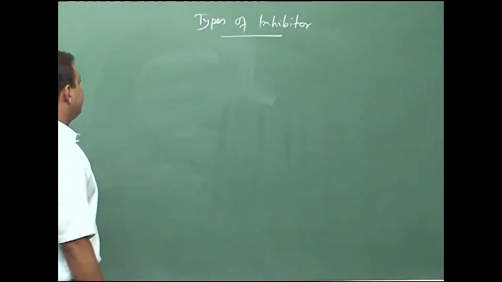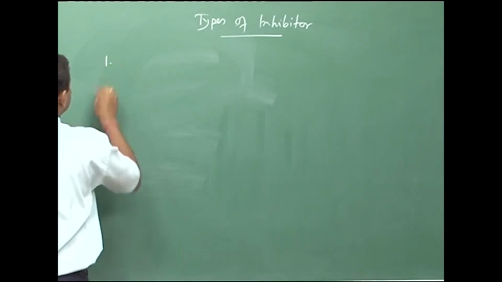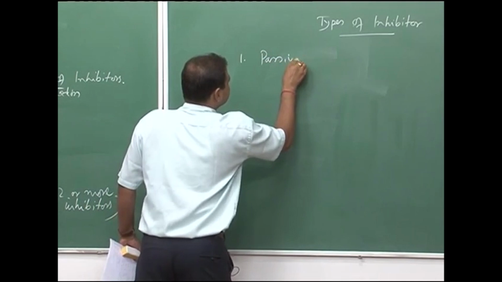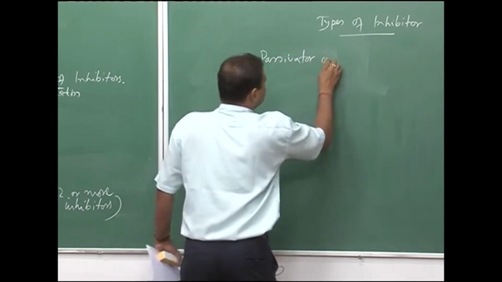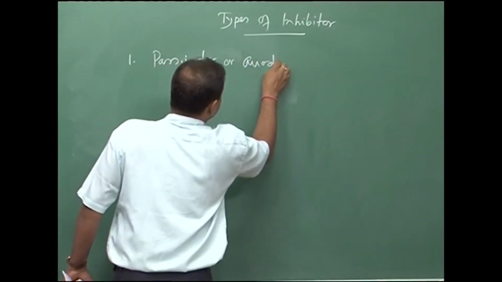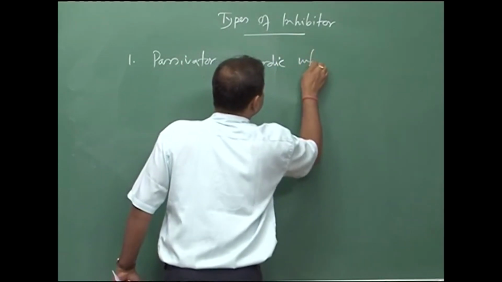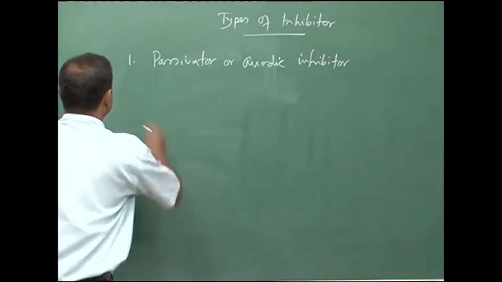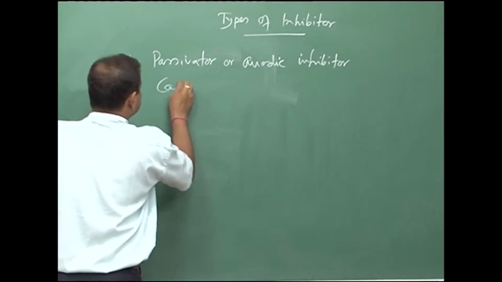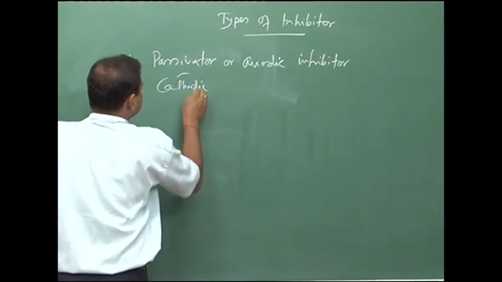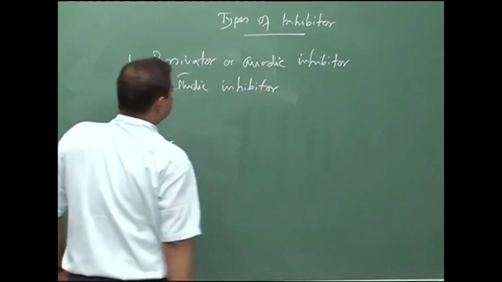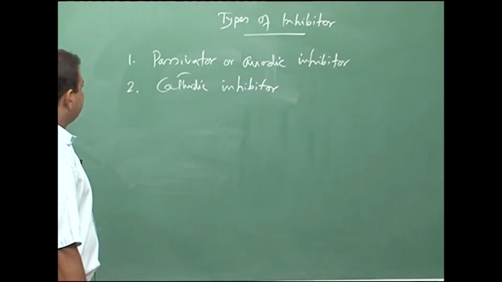Types of inhibitor: there are mainly 4 types. One is passivator or anodic inhibitor, and there could be cathodic inhibitor.